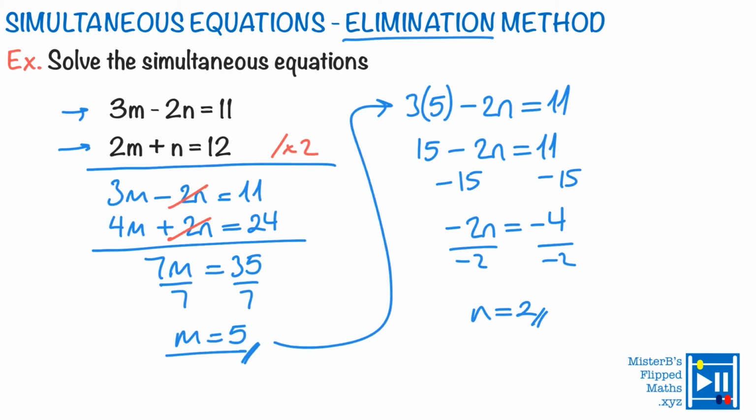So basically, the elimination method works when you have one of the unknowns with a different sign. You can see that it is minus here, it is plus here, and the coefficients are the same. So it's minus 2n plus 2n, they cancel each other out, right?